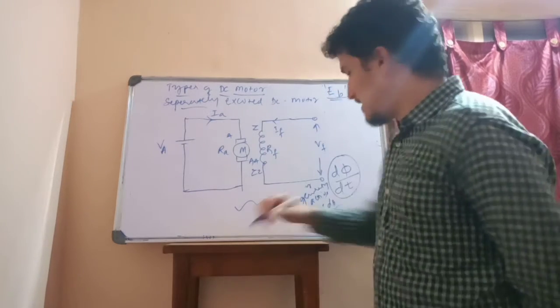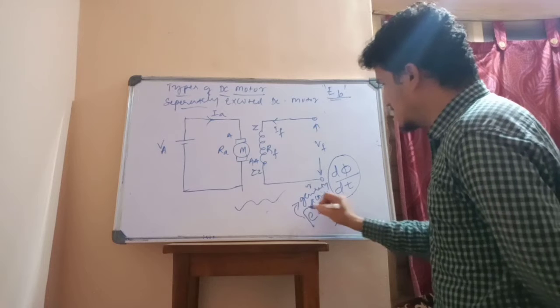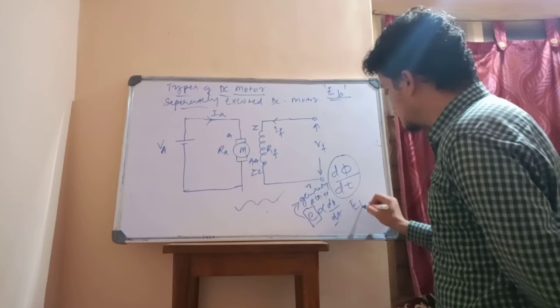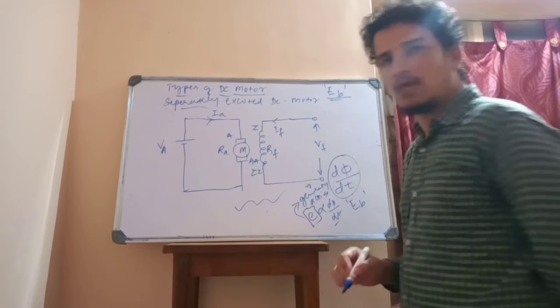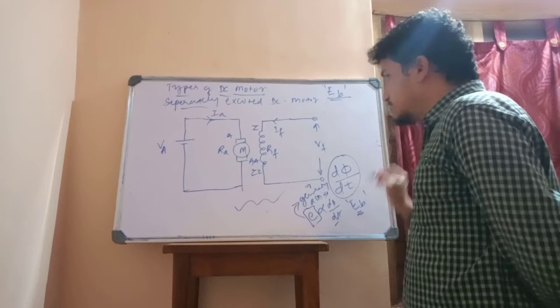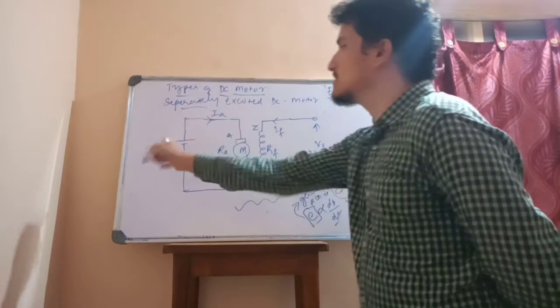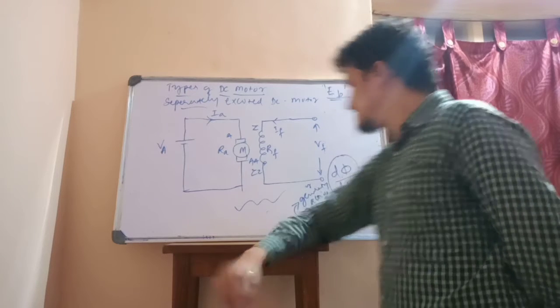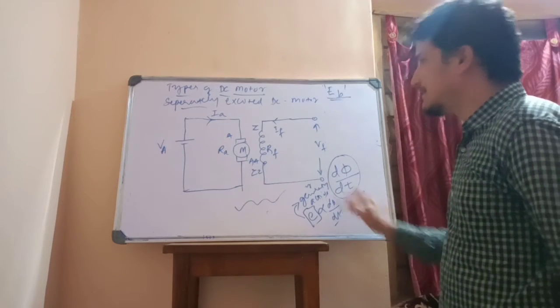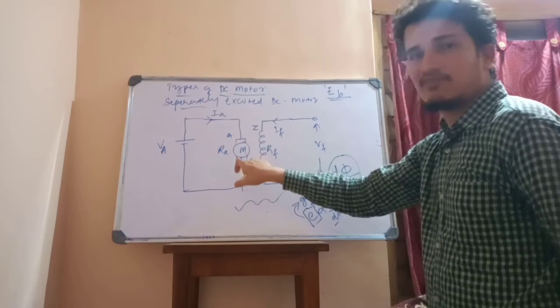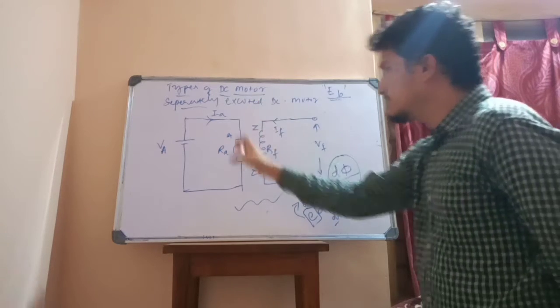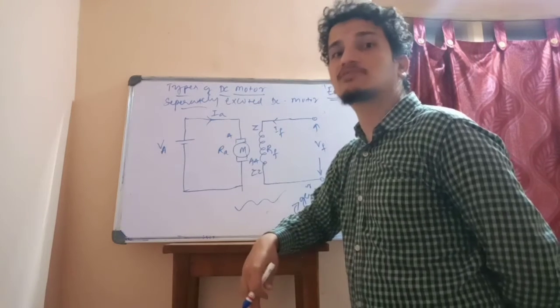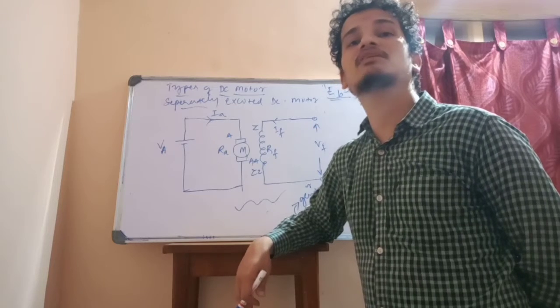But this induced EMF EB has a polarity opposite to the applied voltage as per Lenz's law. The induced EMF in the armature opposes the applied voltage. That's why it is called back EMF in the DC motor.